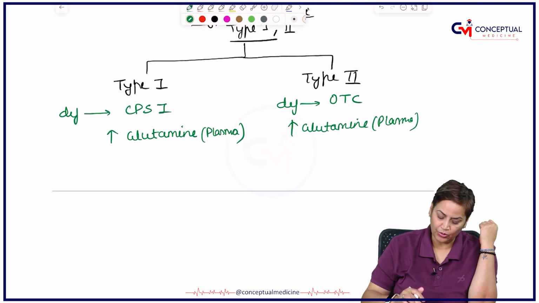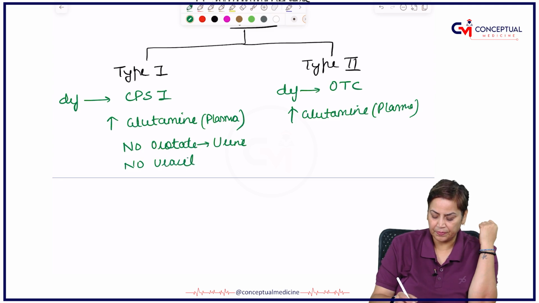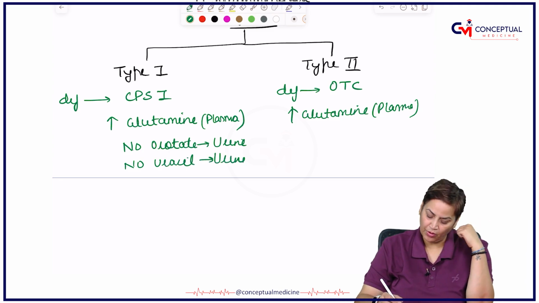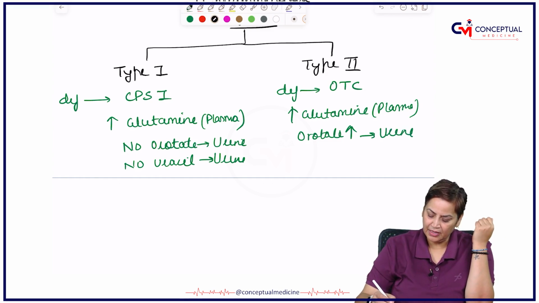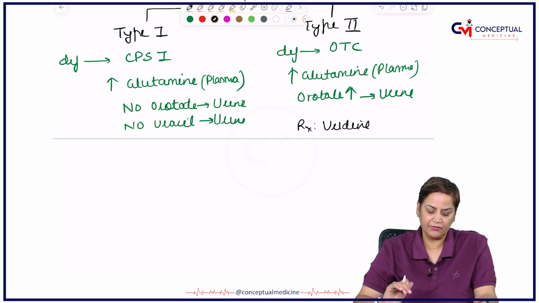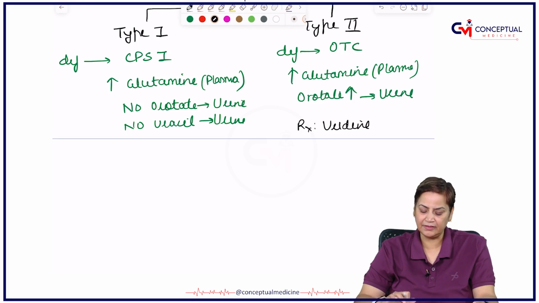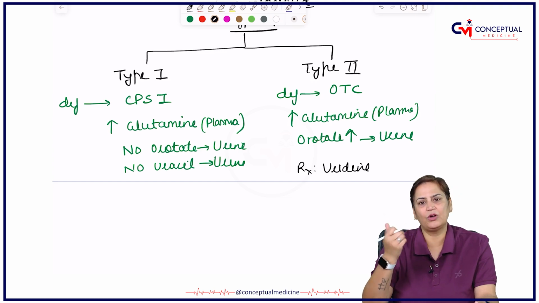But in type 1 there is no orotic acid, orotate, and no uracil in urine. And in type 2, obviously orotic acid, orotate will be excreted in urine. If we talk about the treatment, uridine will be given as a treatment. So this is the difference between type 1 and type 2, and this is the synthesis of pyrimidines by the de novo pathway or salvage pathway.